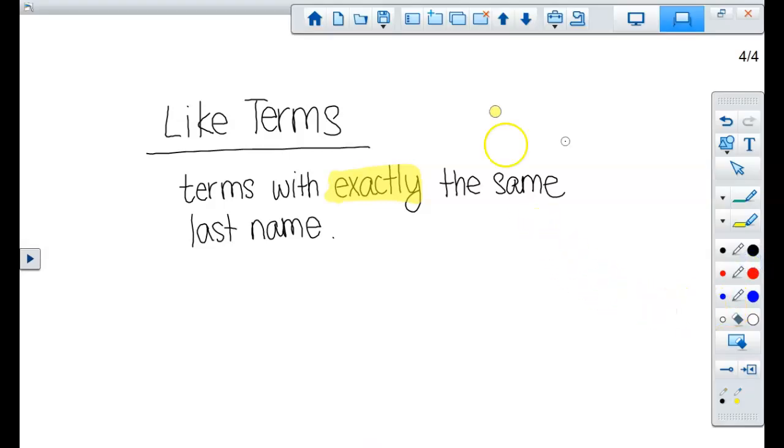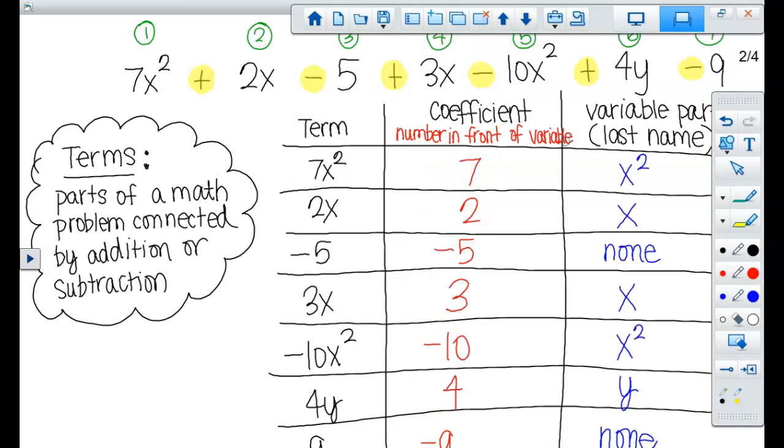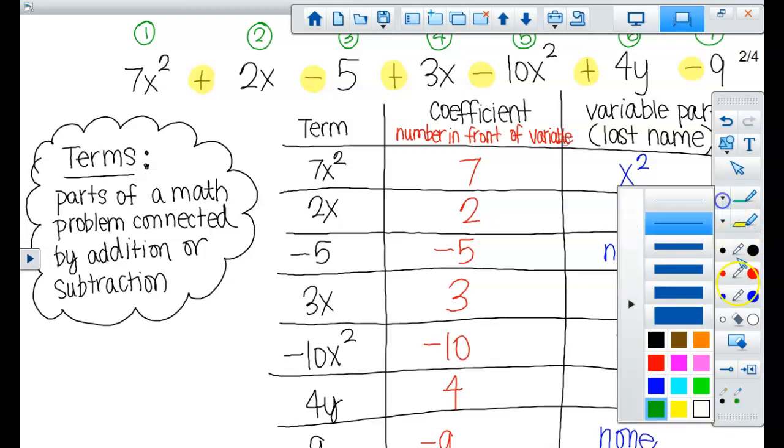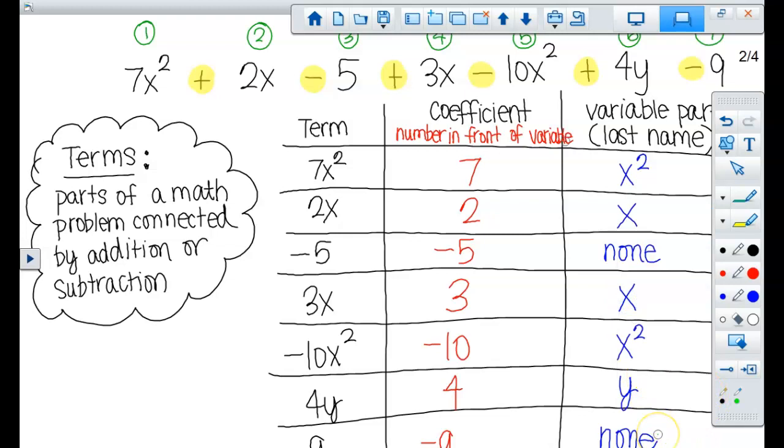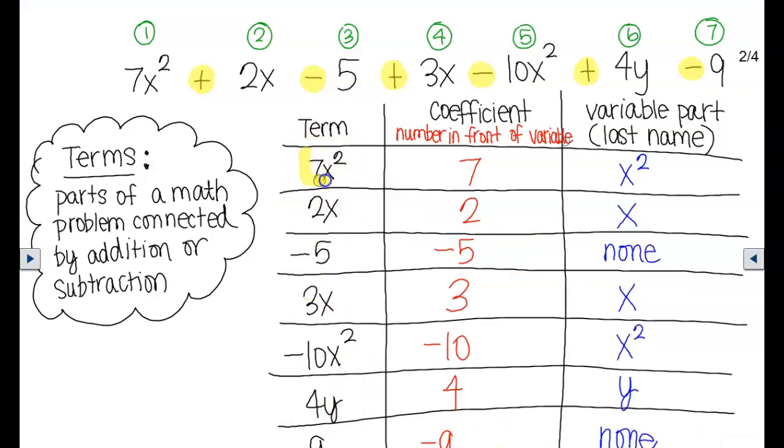Now, let me do this with you for just a minute. Let me see if I can take you back to that first big problem that we did. There were 7 terms in this problem. Some of them are like terms, and some of them are not. So, when I look at these 7 terms, let's see if we can figure out which ones are like terms. Well, I'm going to start out with 7x squared.